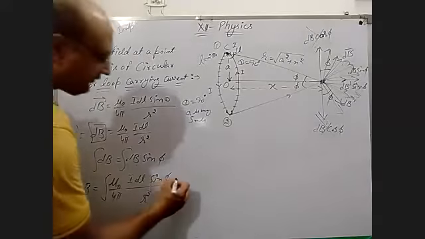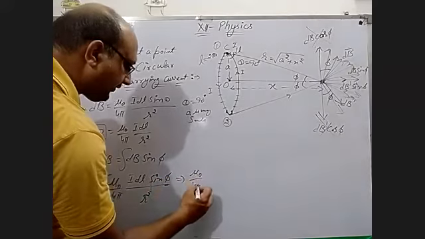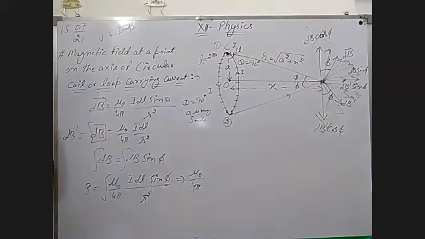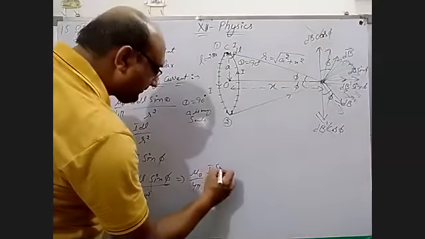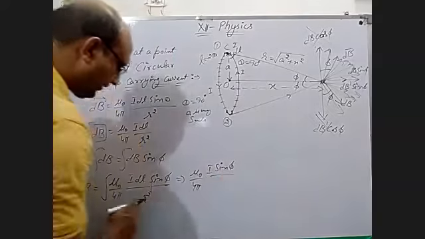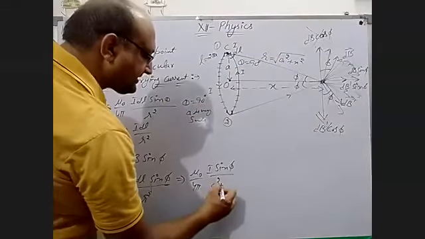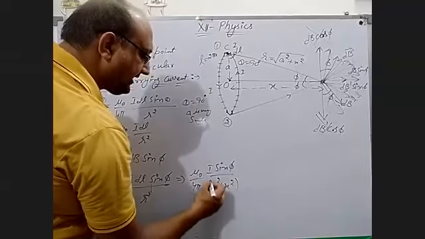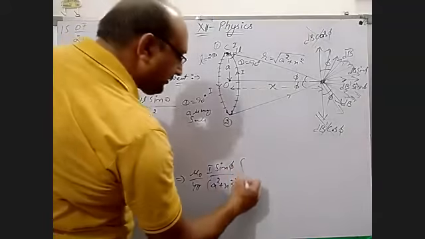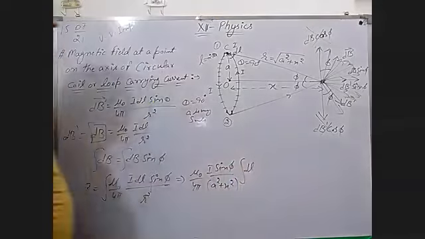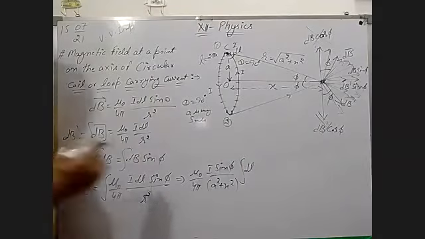Now, mu naught upon 4 pi, I sin phi upon r square. r square value is a square plus x square. You can take here, under root 2 square cancel, and the left term in the integration part is dl. Now solve it.